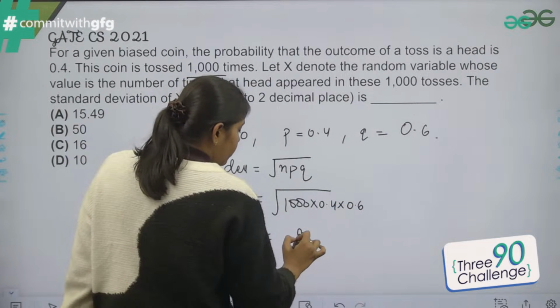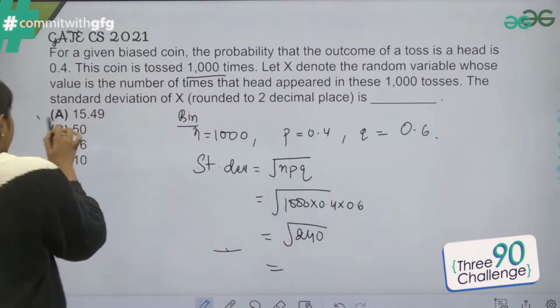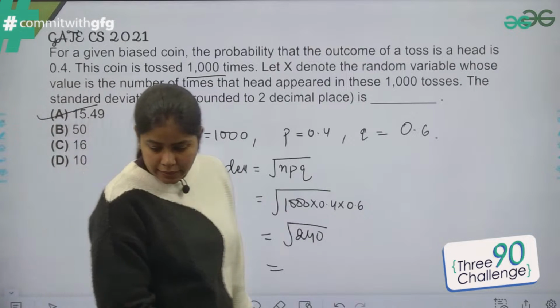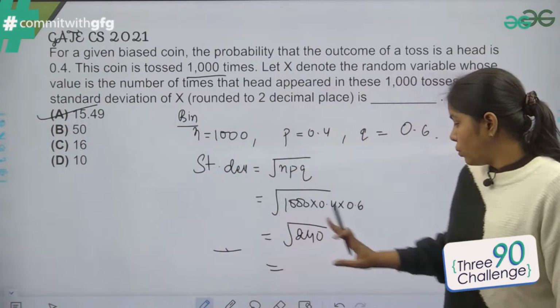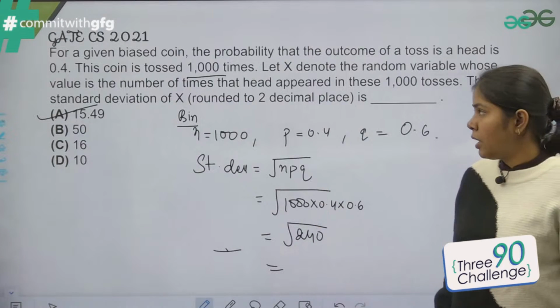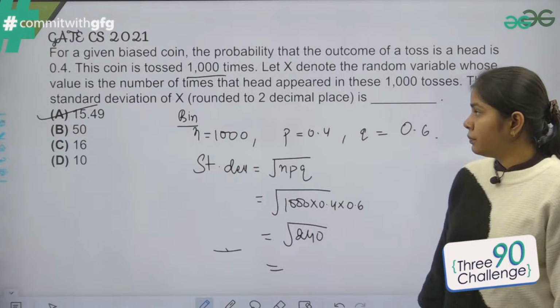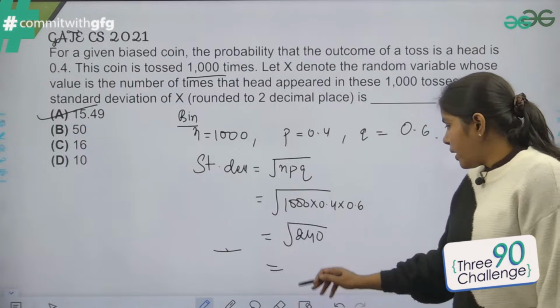So you would get the square root of 240. On solving, you would get 15.49, right, Rushikesh. So 15.49 is the standard deviation for this problem. I hope you guys get it.